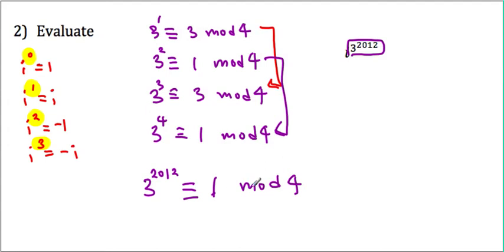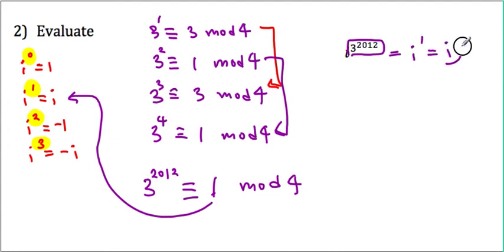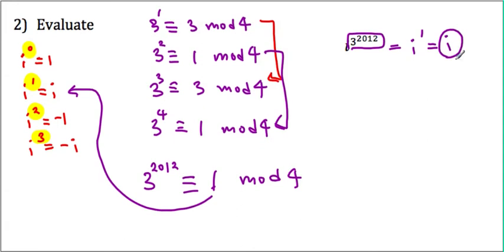Since 1 is the remainder when you divide by 4, that will be getting us right over here. So this must be equal to i to the first power, which is equal to i itself. So i is our answer.